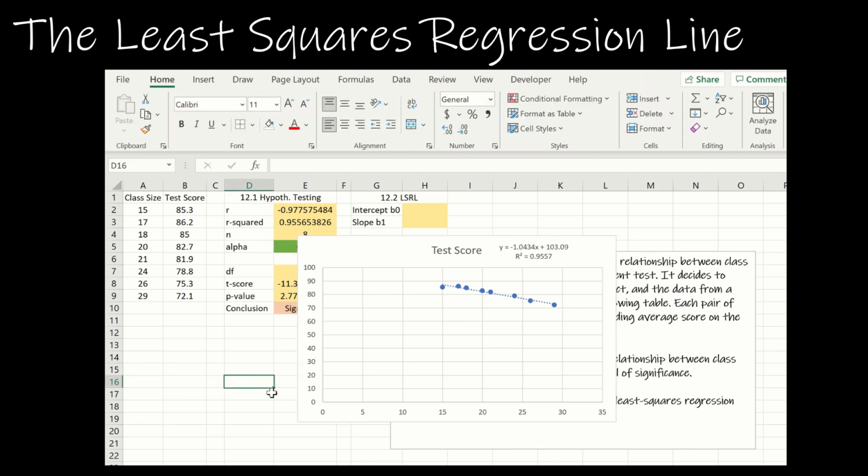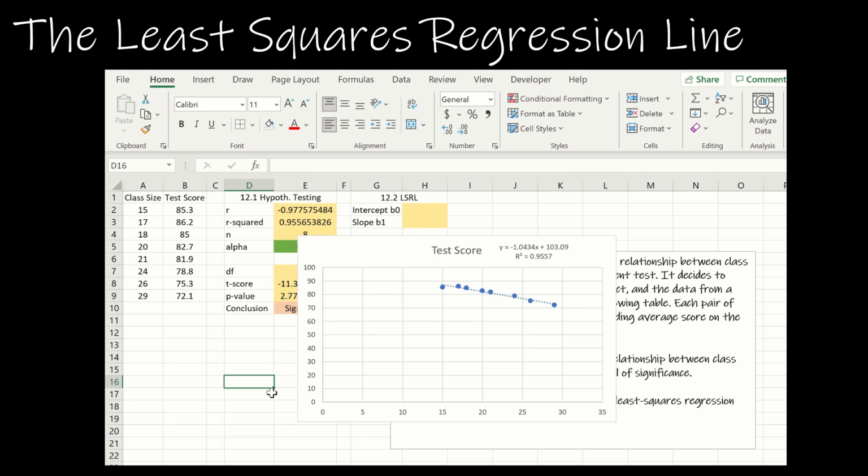Now, that's good, but it's also bad. And here's why it's good. It's good because I had to make a scatter plot anyway in order to make sure that it looked like a linear relationship in order for me to move forward. So it doesn't take much to click an extra box that says, hey, give me the equation as well.